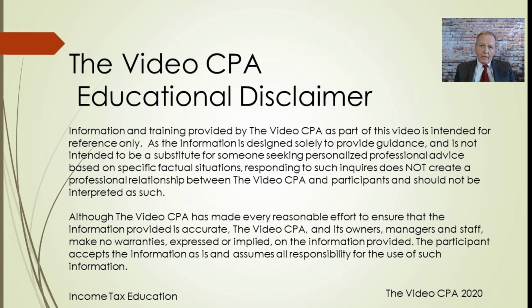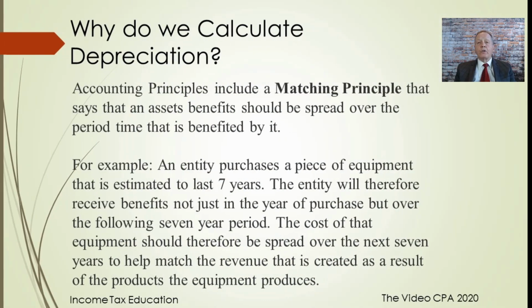All right, depreciation. Why do we calculate depreciation? It goes back to what we call in accounting the matching principle. The matching principle, in short, says that we should match expenses of the period with the revenue that's produced during that period. So if you buy an asset that lasts over a year, you should make an attempt to depreciate that asset so that it is spread over the period of time that it might produce revenue.